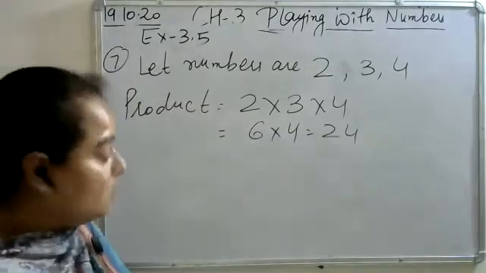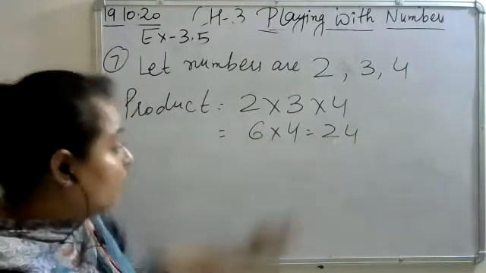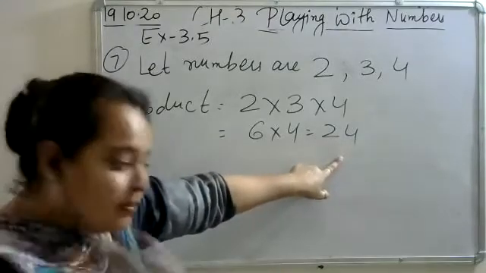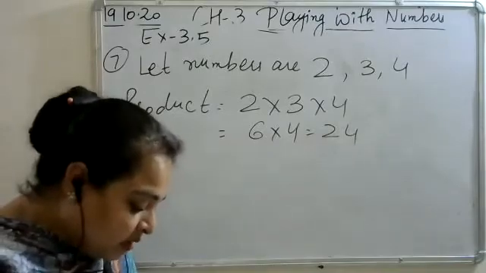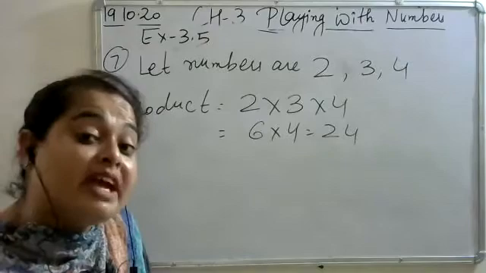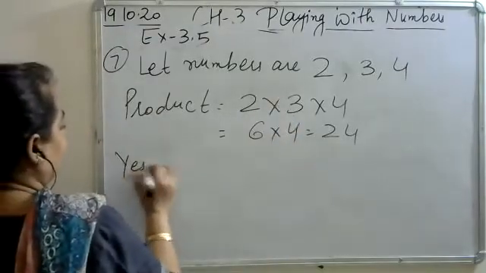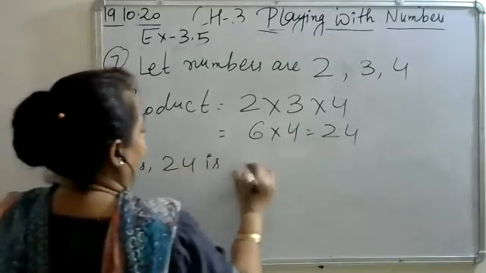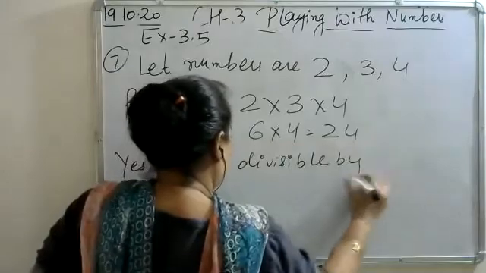Now check: this 24 is divisible by 6 according to the question, as the question says the product of three consecutive numbers is always divisible by 6. Yes, 24 is divisible by 6.